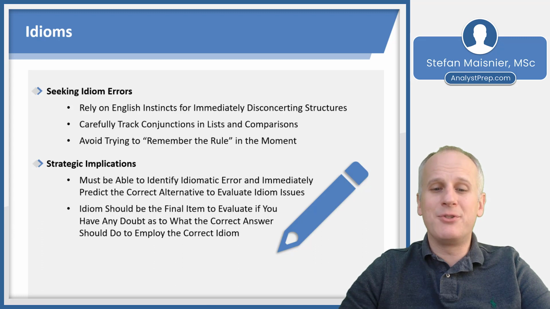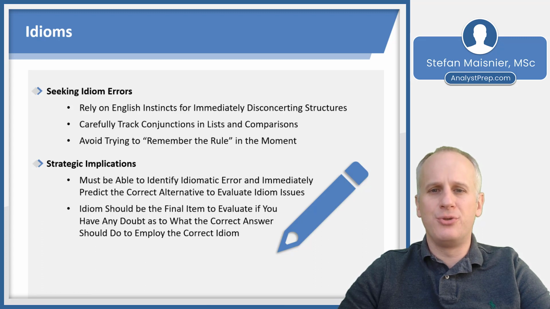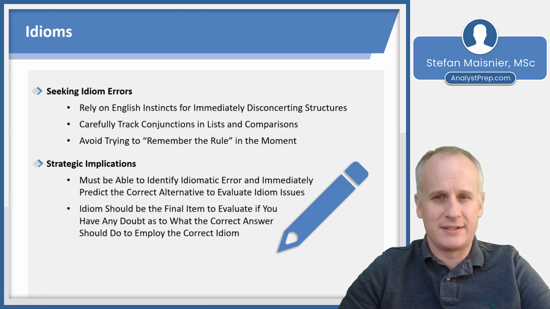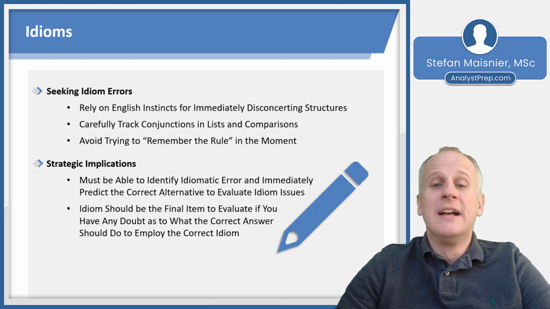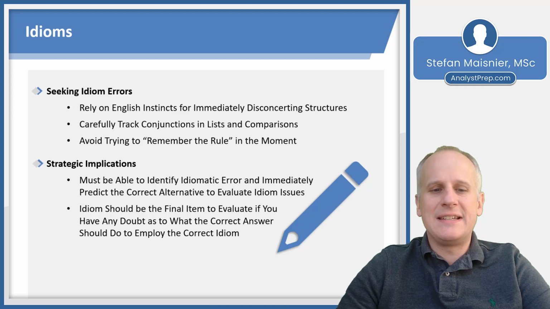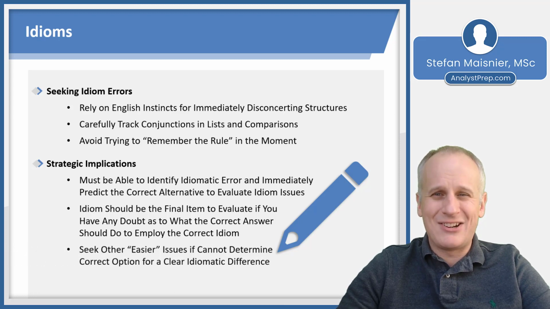Now, idiom should be the final evaluation item if you have any doubt as to what the correct answer should do to use that idiom correctly. So if you're like, I don't know whether it's whereas or wherefore, which is something we won't actually go into here in this lesson because it's so obscure, you don't want to be focusing on that first. Instead, seek alternative, potentially quote unquote easier issues.